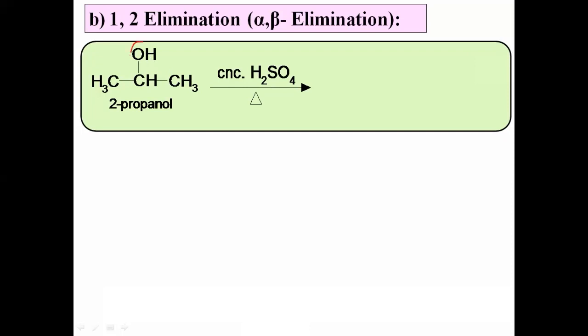OH from one carbon and hydrogen from the adjacent carbon are removed as a water molecule. And a double bond appears between those two carbons, and there is a formation of CH3CH=CH2. We get the corresponding alkene with the elimination of a water molecule, and that reaction is called dehydration.